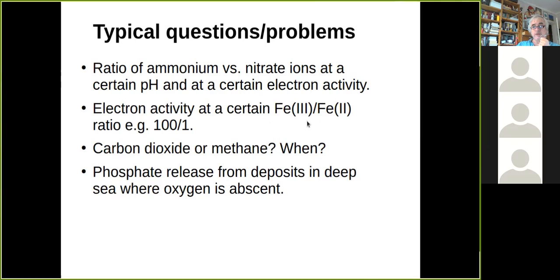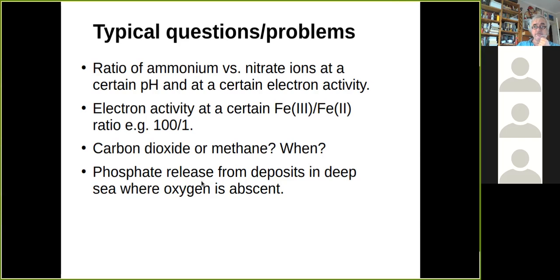This is easy maybe in aqueous solutions, but less easy if there are precipitates of solid compounds. Do we have carbon in a state of carbon dioxide, or is it organic like methane?